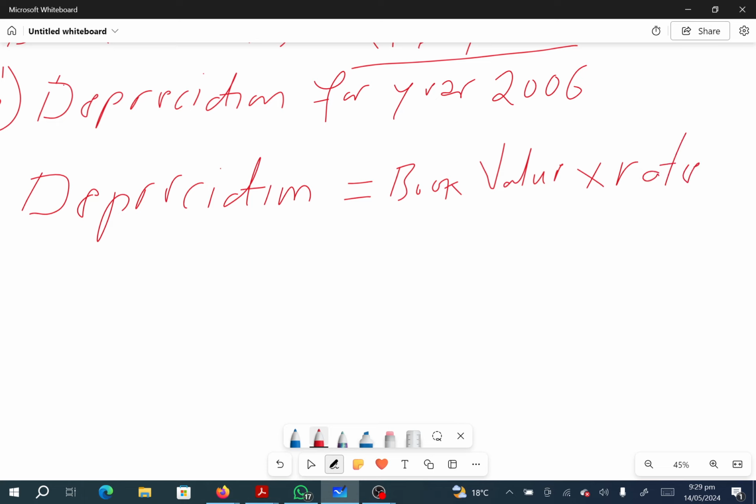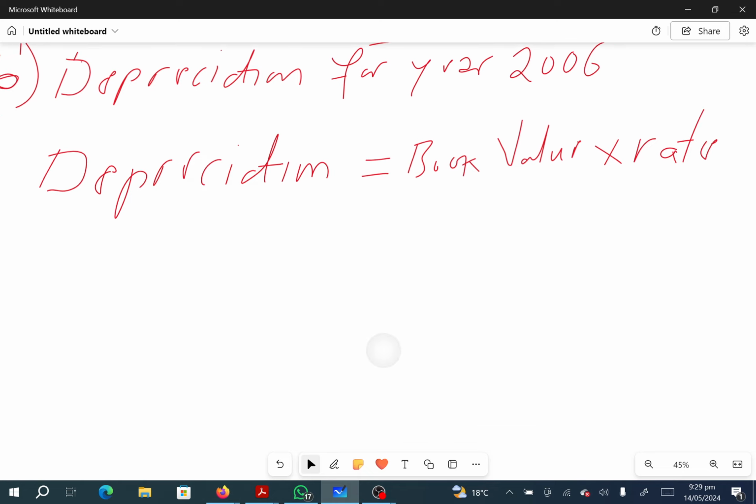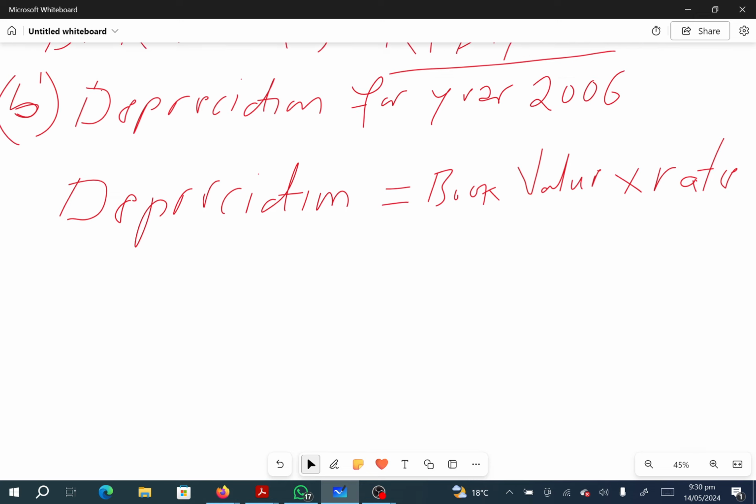So you can also use this: book value times the rate. So we are calculating for depreciation for 2006.